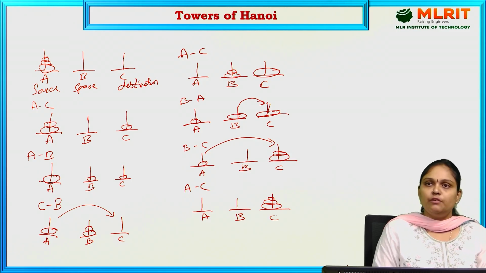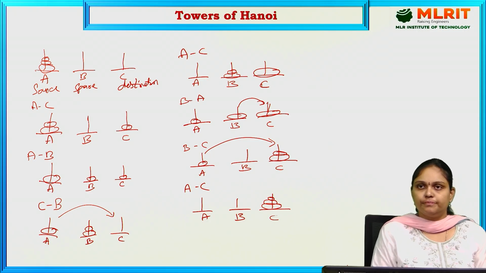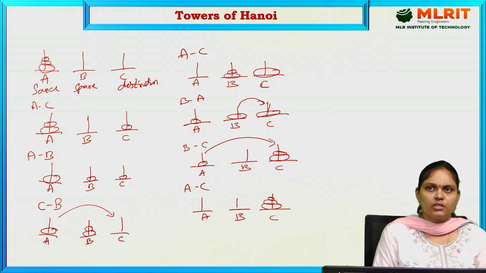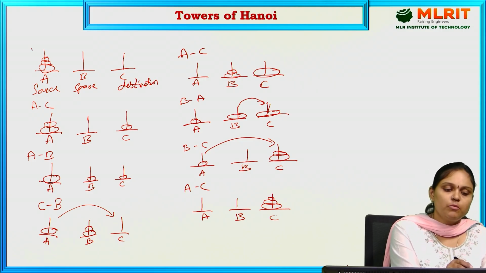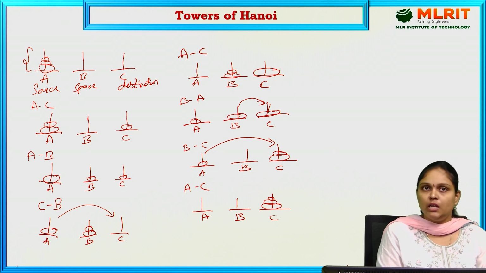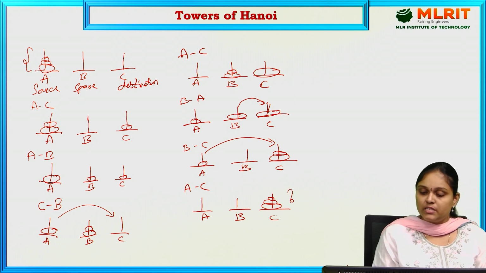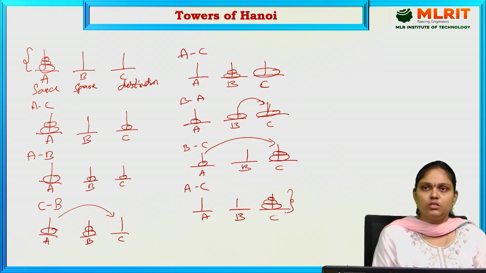So this is for n equals 3. And we can also try n equals 4, 5, 6, and some other number of disks. Here the point is that we are moving these 3 disks from A to C, that is from source to destination, using the spare.